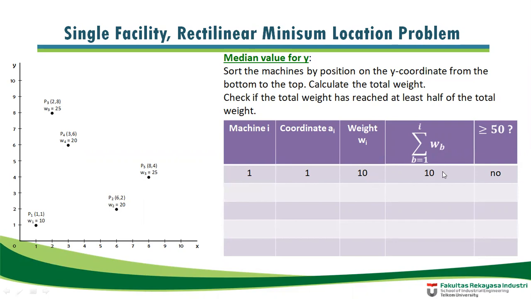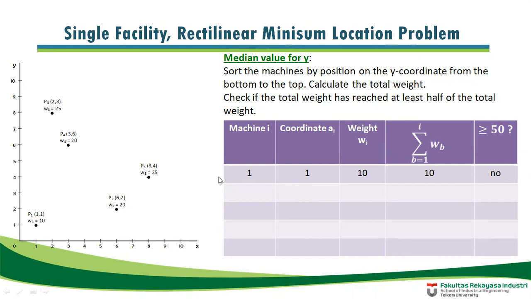The sigma weight is 10 since it is the beginning, so we can omit the cumulative calculation. The closing statement for the iteration is the same: they must reach at least half of the total weight, which is 50.